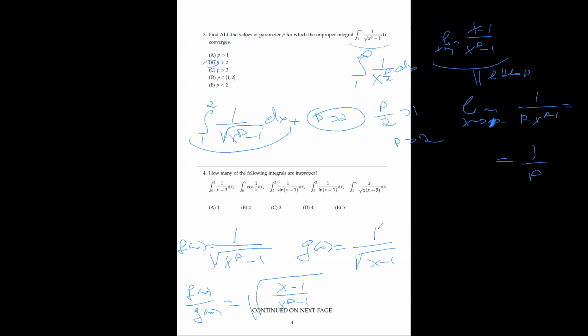1 over root of x minus 1: is it convergent? The last question to close this page: the improper integral from 1 to 2 of 1 over root of x minus 1. Is this convergent?